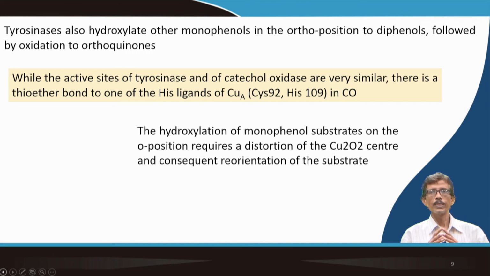So, the hydroxylation of monophenol substrate at the ortho position requires a distortion of the Cu2O2, that is your diamond thing, 2 Cu and 2 O, and its consequent reorientation of the substrate. What does it mean?